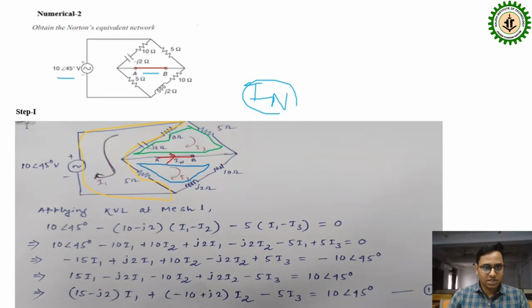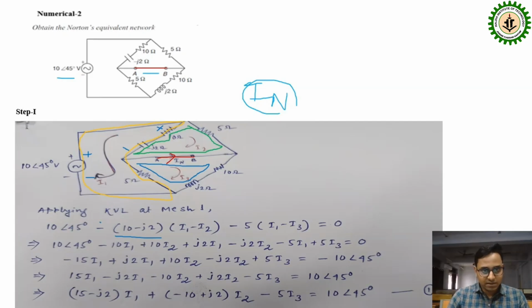Here the current is flowing through this, that's why this is minus and this is plus, so plus 10 at an angle 45 degrees. And in mesh 1, these two are connected in series, 10 minus J2, and the current flows from this side to this side, so I can see a drop in potential.